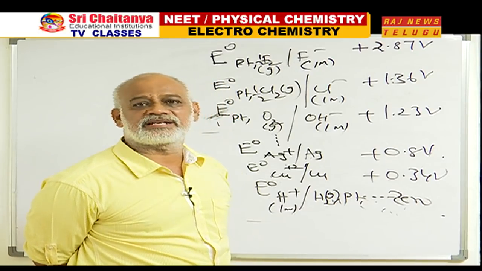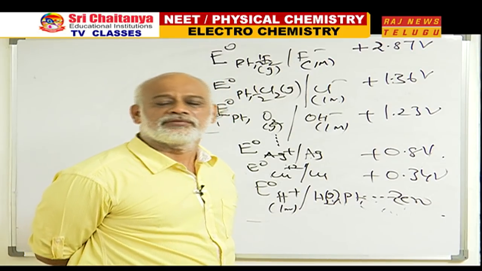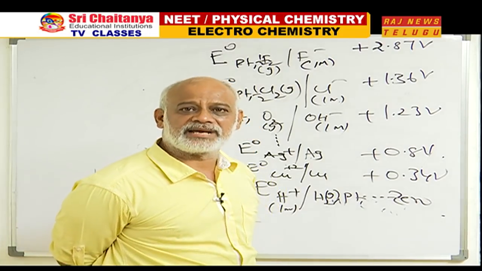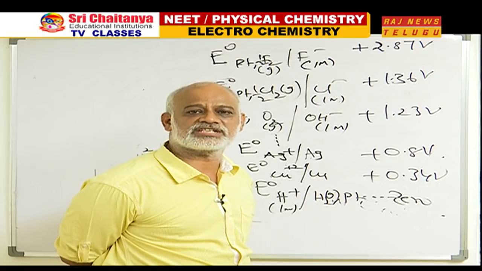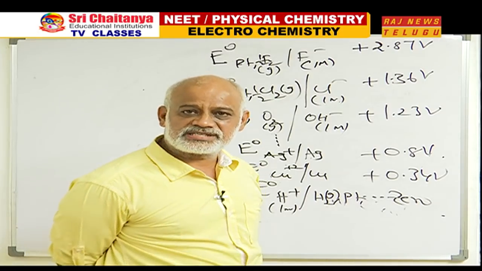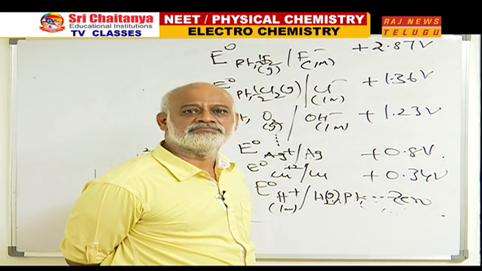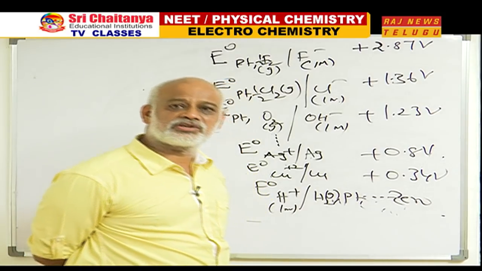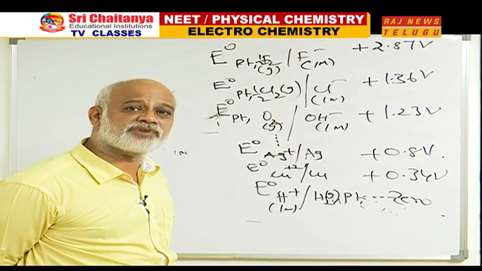Family members: copper, silver, gold, platinum, palladium. Only one fellow is different, which is mercury. Copper, silver, gold, platinum, palladium and mercury are certain electrodes which have their SRP values positive.